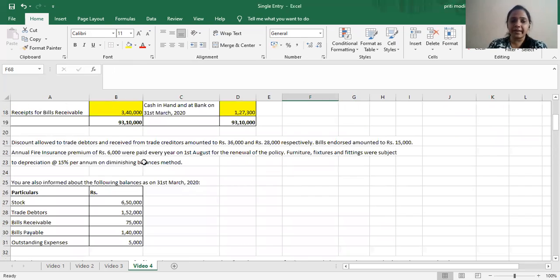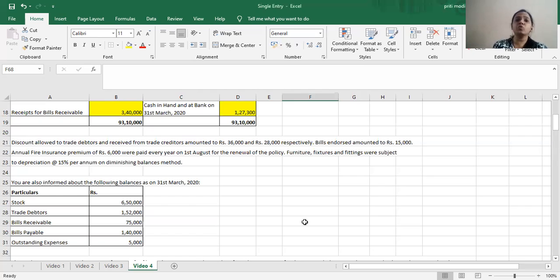And annual fire premium 6,000 was paid every year for the renewal of the policy. Okay, so annual premium of 6,000 rupees is paid every year on 1st of August. Correct? So what is happening over here is, how many months is being prepaid?